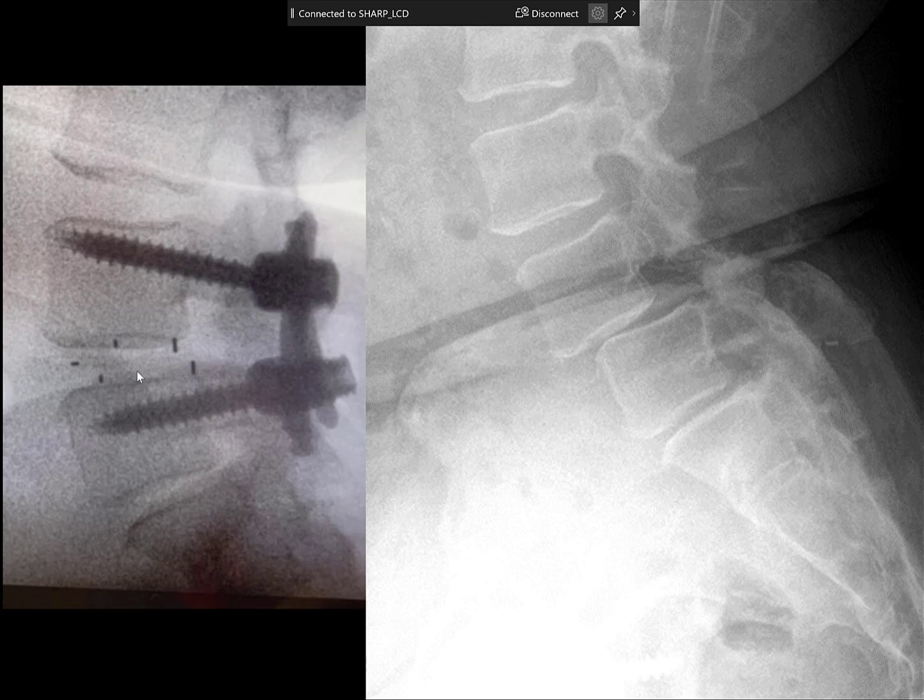And what percentage of your lordosis is from L4 to S1, would you say, of the lumbar spine? Majority of it. I would say like 70%. 60%. Okay.